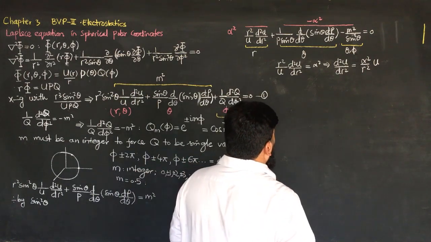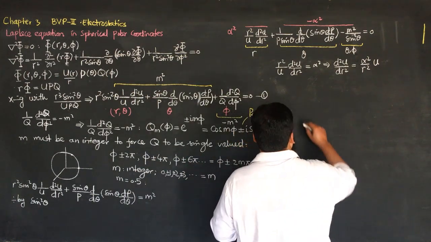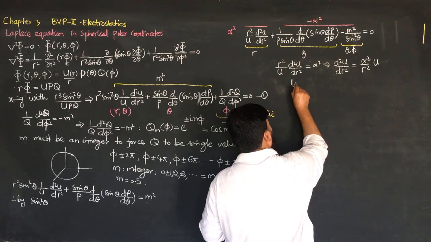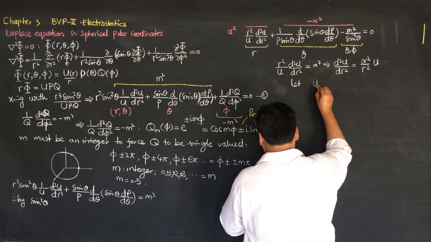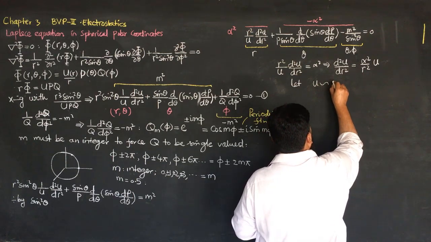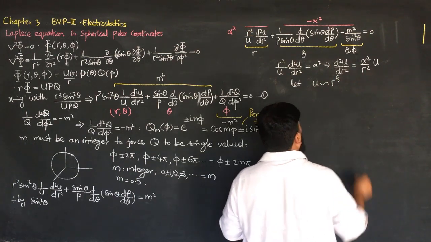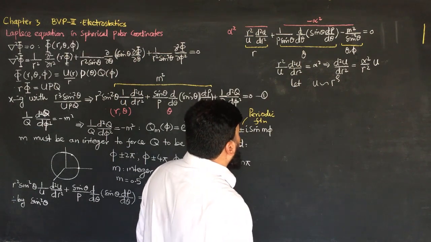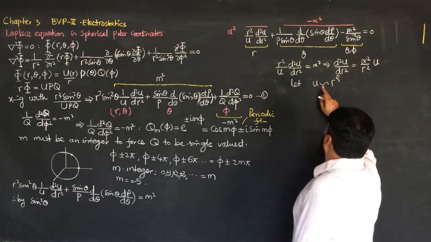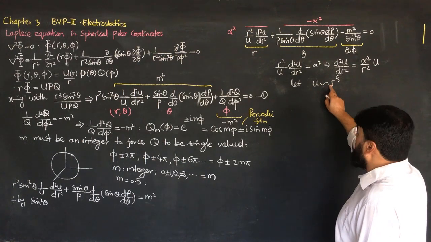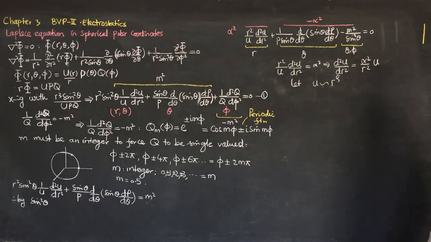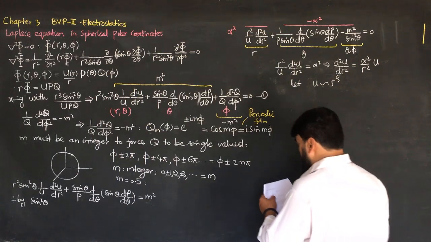Now let's say u is approximately equal to r to the power rho. Now why am I writing approximation? Because I'm not considering any constant here. So this is approximately equal to this.